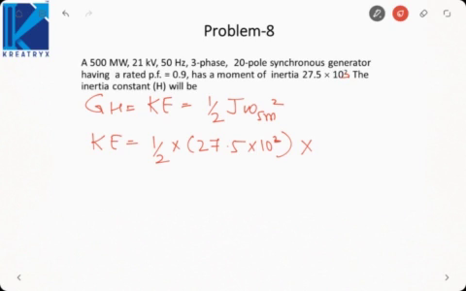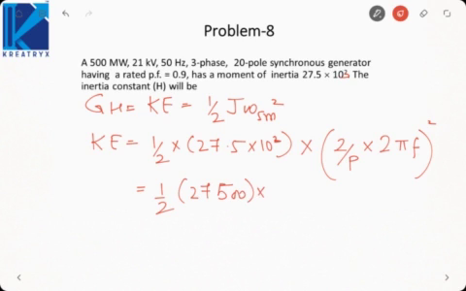Into omega Sm. How to calculate omega Sm? Omega Sm is actually 2 by P into omega Se, and omega Se is actually 2 pi F. So the kinetic energy is half into 27.5 into 10 raised to the power 3 into omega Sm square.